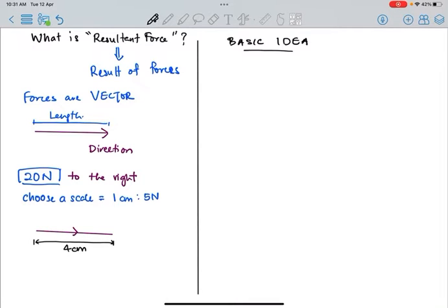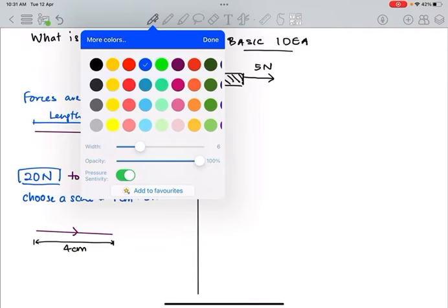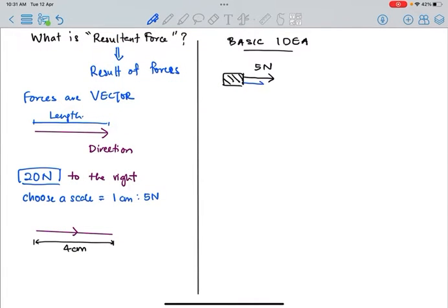For example, let's say there is a box being pulled by one person to the right with a force of 5 Newton, and another person pulling the box also to the right with a force of 4 Newton. As a result, the box will move to the right.